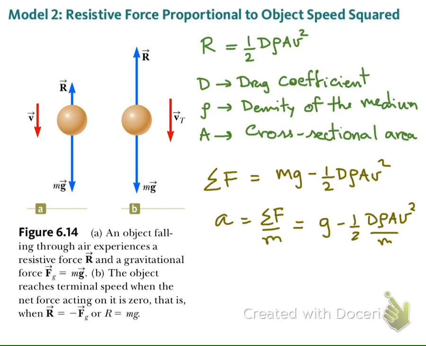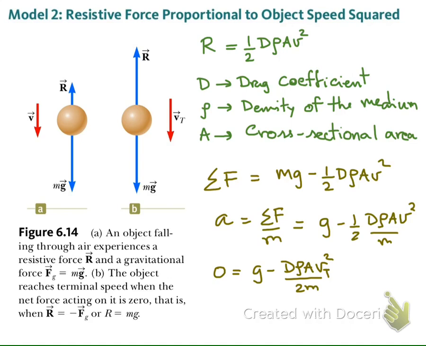That is the velocity when a is equal to 0. We can calculate the value of the terminal speed by setting a equal to 0. It's equal to g minus D rho A v_t squared over 2m.